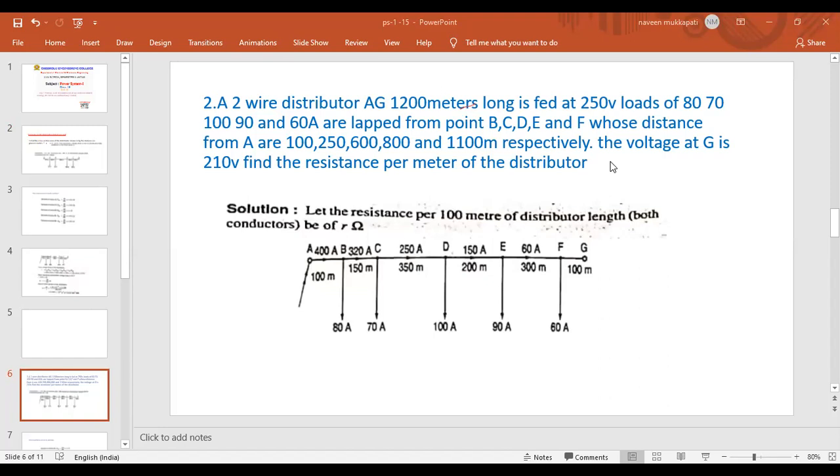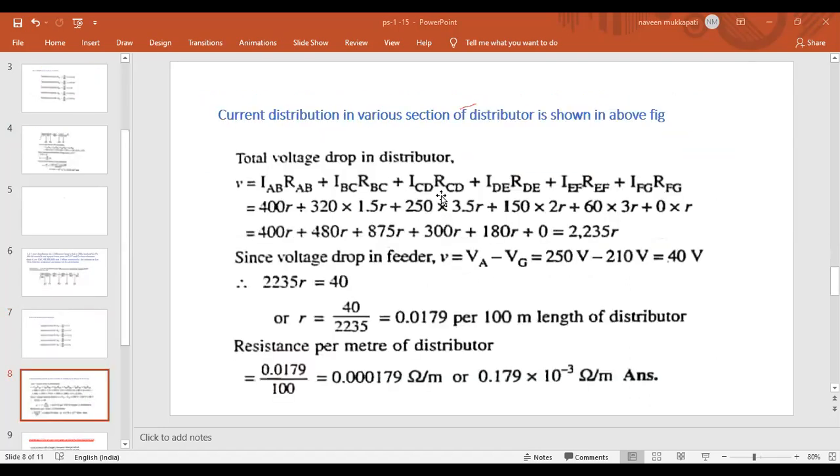The loads of 80, 70, 100, 90 and 60 amperes are tapped from the points B, C, D, E and F, whose distances from A are 100, 250, 600, 800 and 1100 meters respectively. The voltage at G is 210 volts. Find the resistance per meter of the distributor.